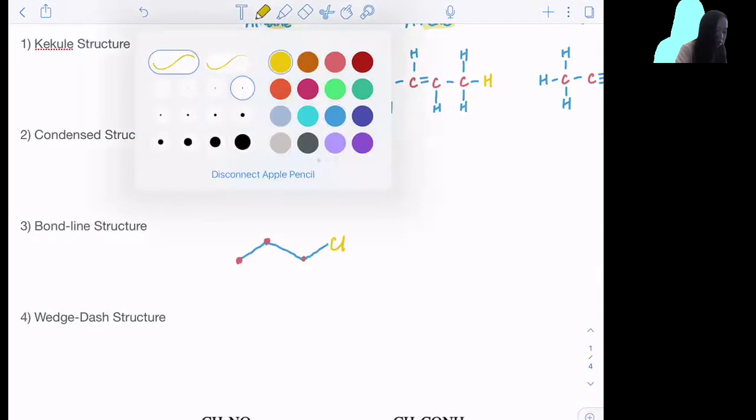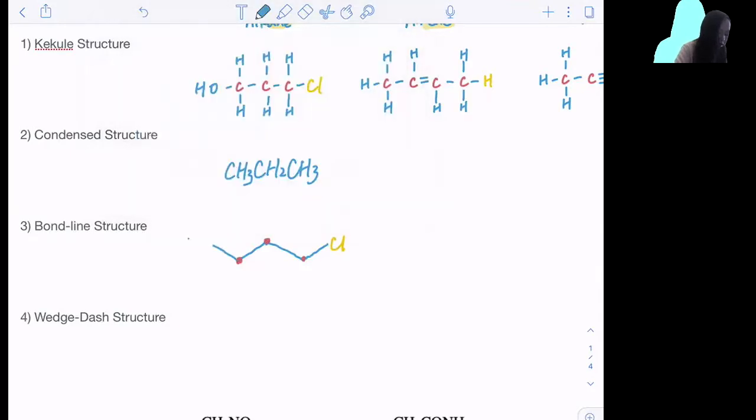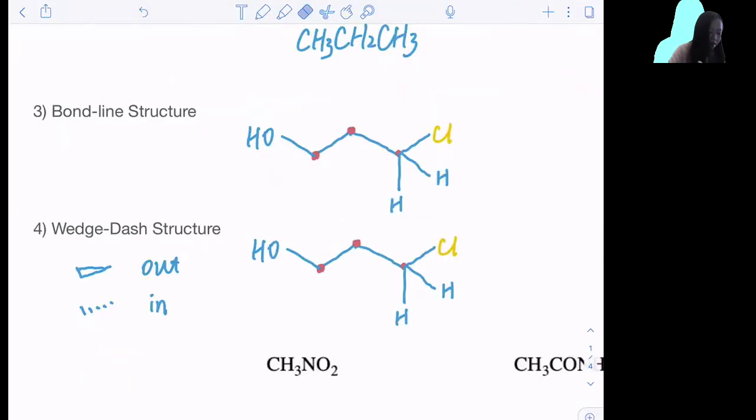So the OH should be like this, HO. Wedge dash: wedge means out, dash means in. If I want to make the chloro out, it will look like this. The hydrogen is dash in, for example.